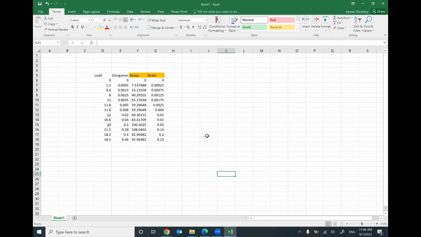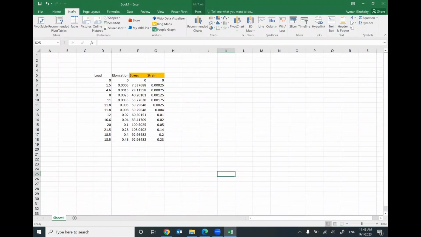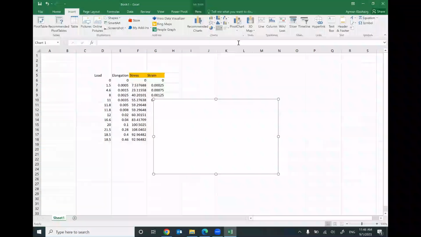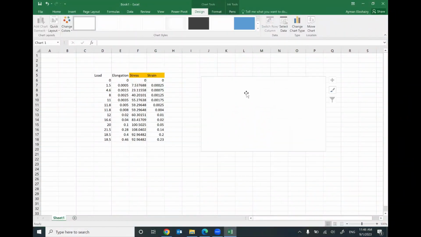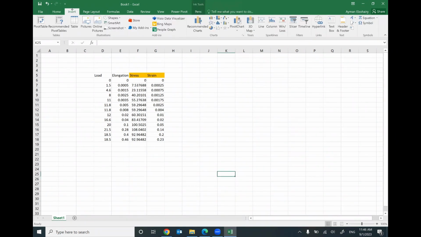Strain on the horizontal line and stress on the vertical line. I can go here for insert. We have this little arrow. If you open it, I can use this. Insert.